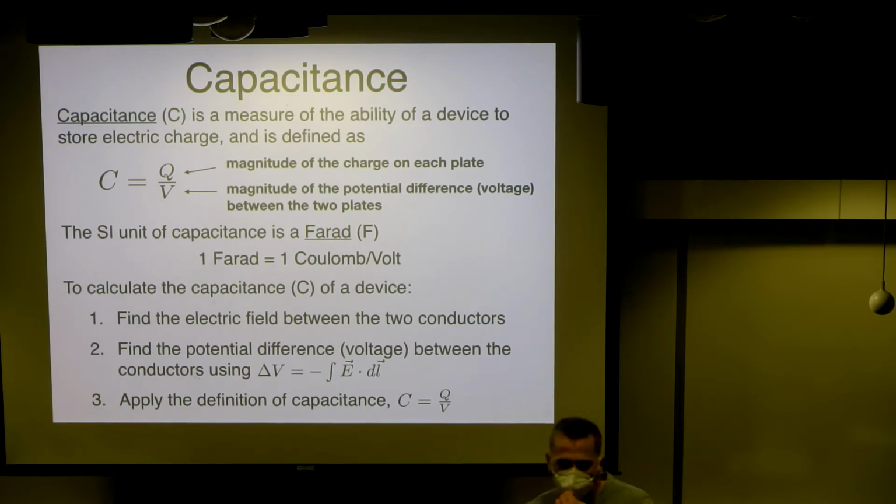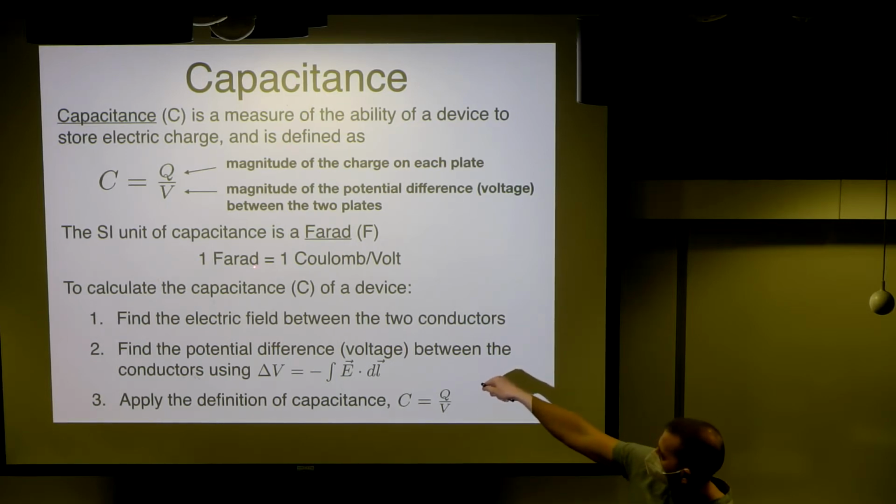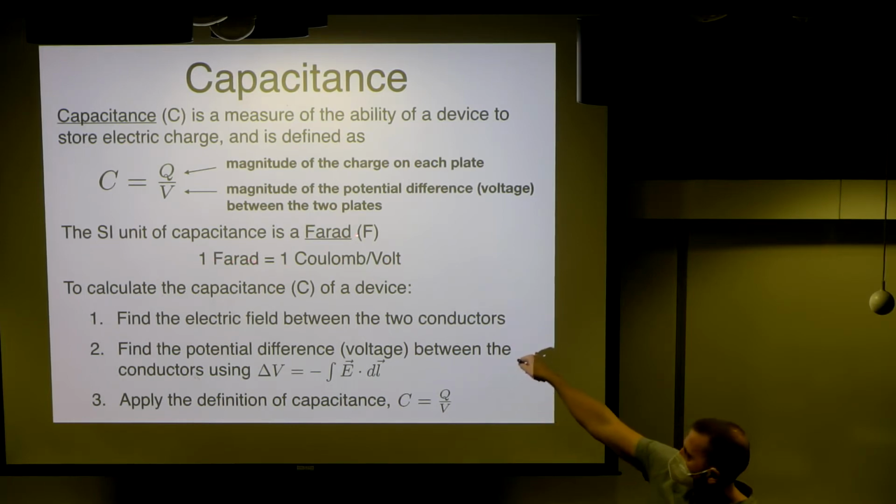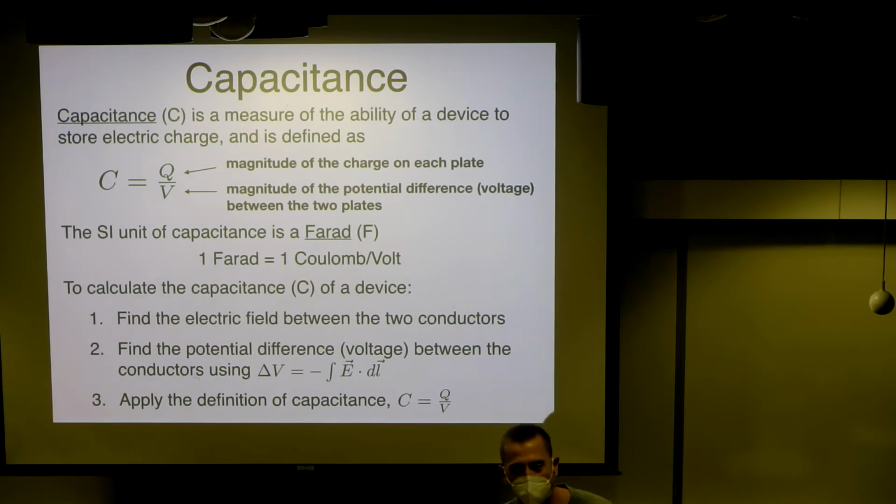So we have a special name for this unit of a Coulomb per volt. It's called a farad. And we use capital F to denote a farad. So if you have a capacitor, its capacitance is measured in farads. And oftentimes you'll see it in microfarads or nanofarads or things like that.